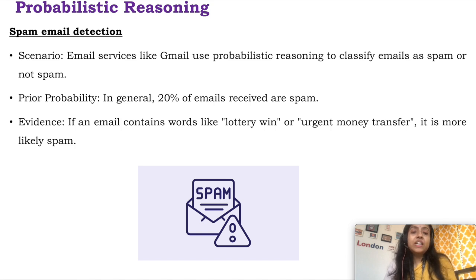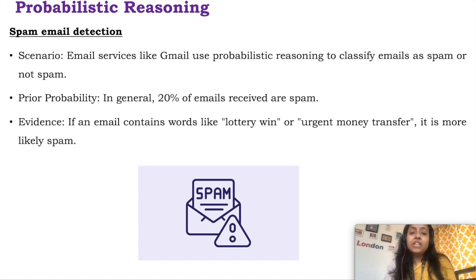Now the question arises: if an email contains the words lottery win, is it always spam? Not exactly. Here we are just finding a certain keyword by which the probability of that particular email being spam increases.